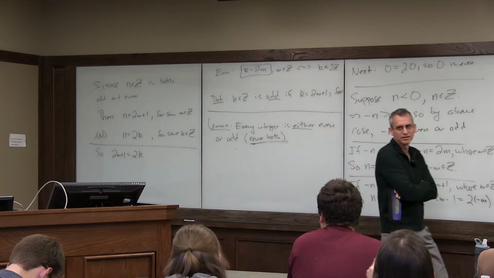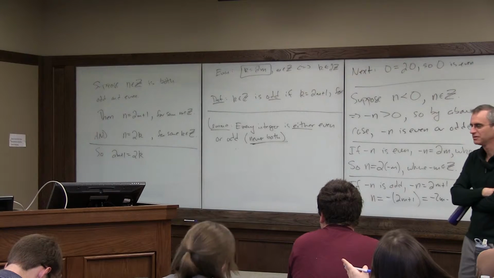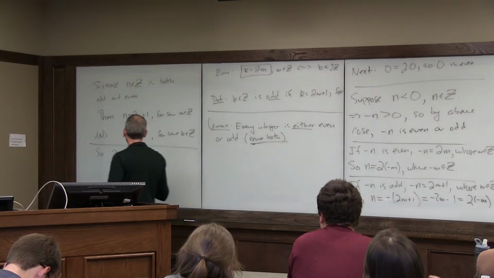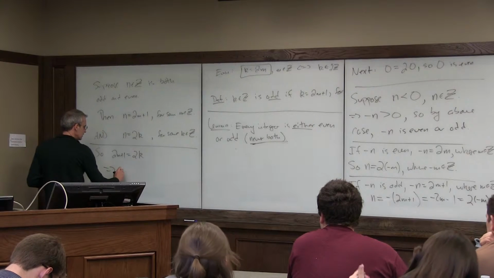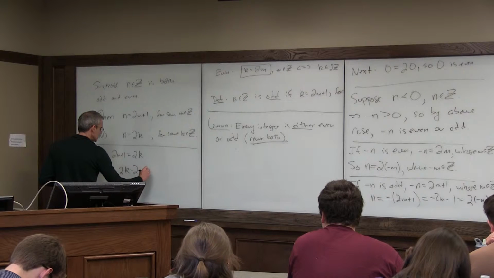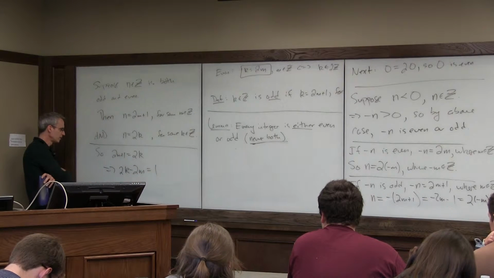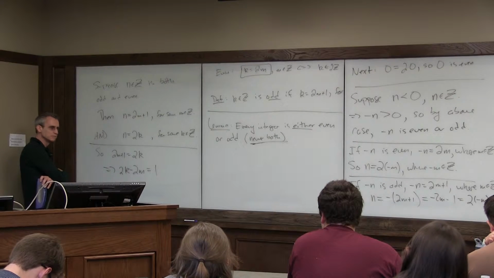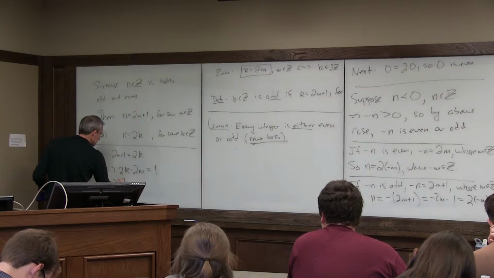Or subtract 2m from each side, so you have 2k minus 2m equals 1. And now what? Pull out the 2.